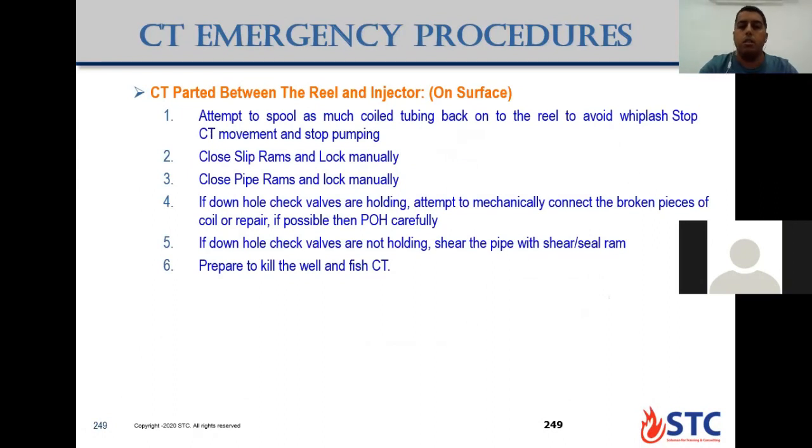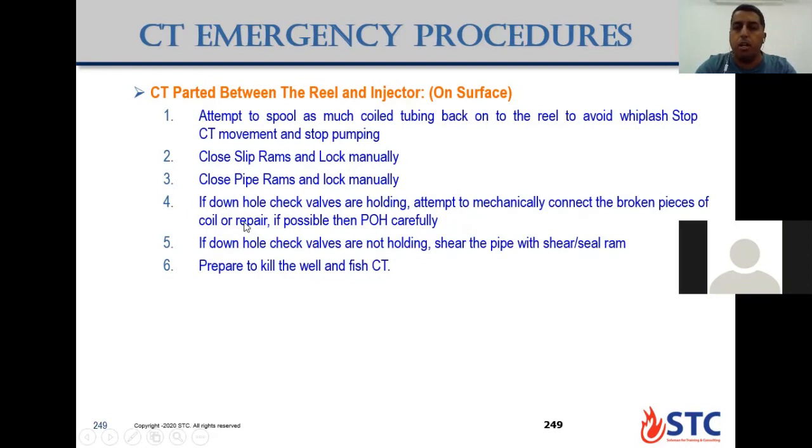Number 1, attempt to spool as much coil tubing back to the reel again. Close the slip and pipe ram and lock manually. So you will hang the rest of the coil tubing by the slip and pipe ram. If the downhole check valves are holding, so no escape of fluid at the surface, attempt to mechanically connect the broken piece of the coil or repair.